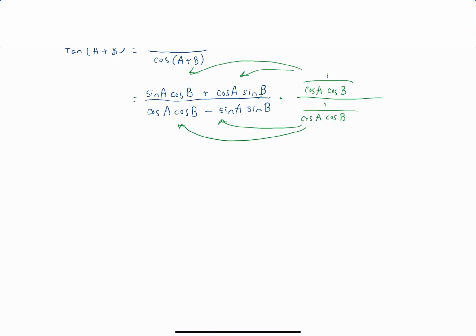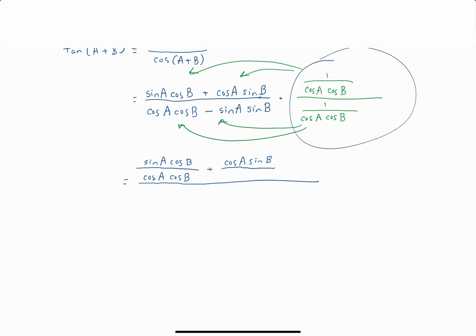So at that point, I will have sine of A cosine of B over cosine of A cosine of B plus cosine of A sine of B. And after we simplify this, you'll see why I picked the thing I picked. You'll see how it all simplifies down nicely.